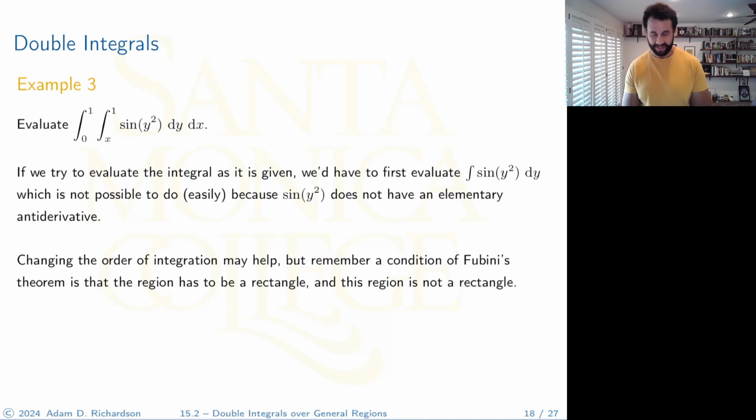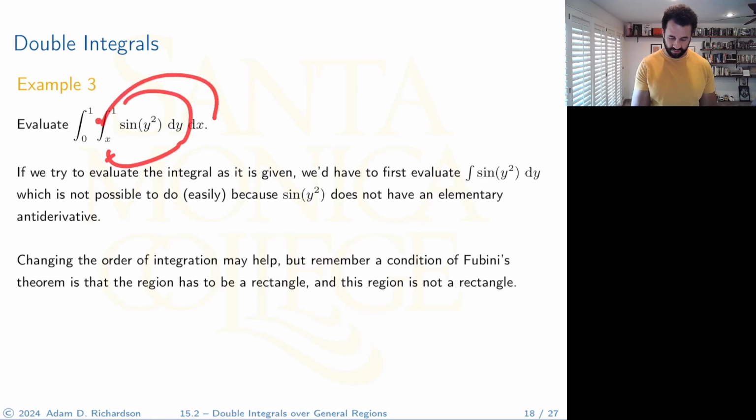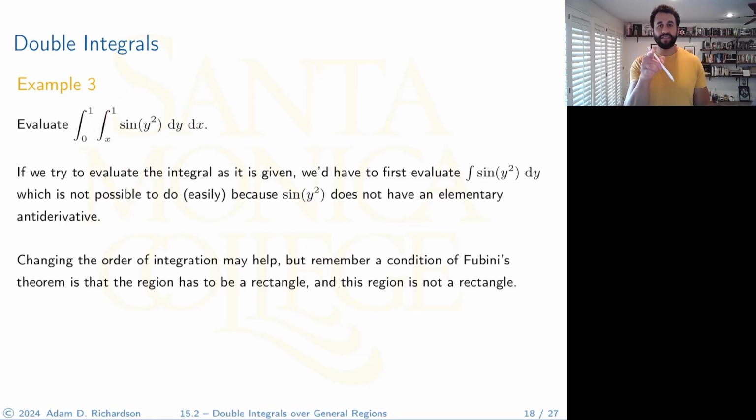I'll just say that. So it would be nice if we could integrate with respect to x first. It'd be nice if we could change the order of integration here. But here's the catch. Remember, a condition of Fubini's theorem was that the region had to be a rectangle. So we can't just willy-nilly change the order of these and integrate from 0 to 1 and then from x to 1.